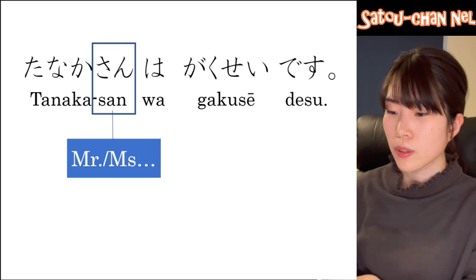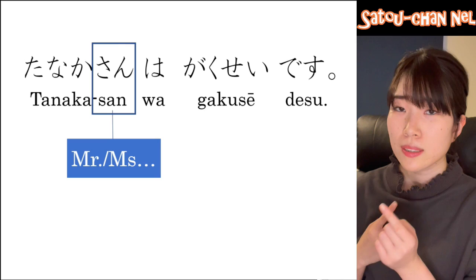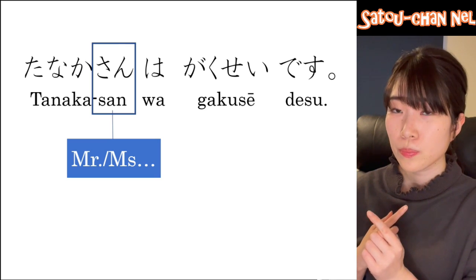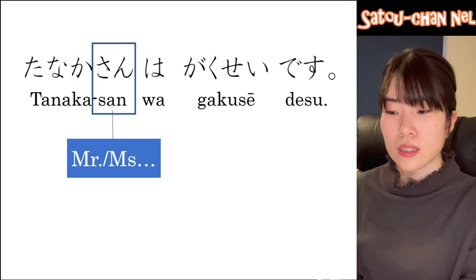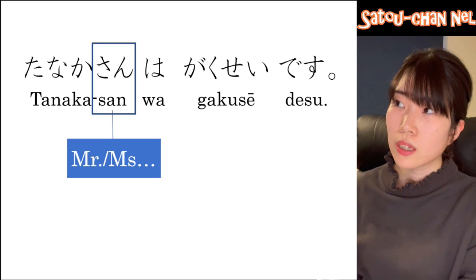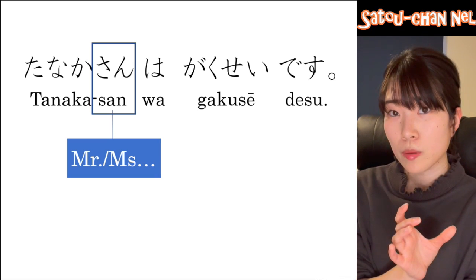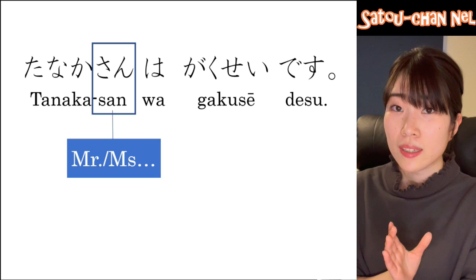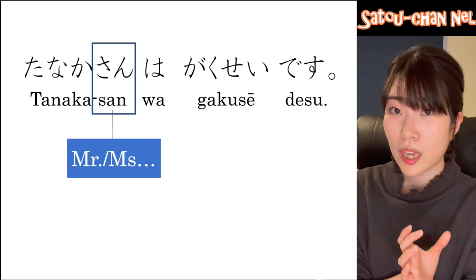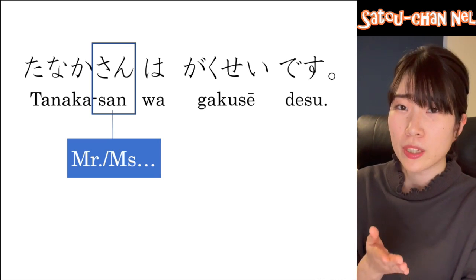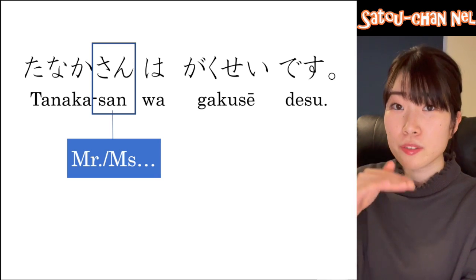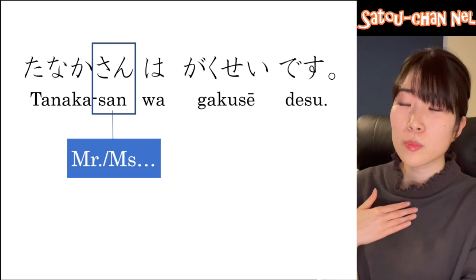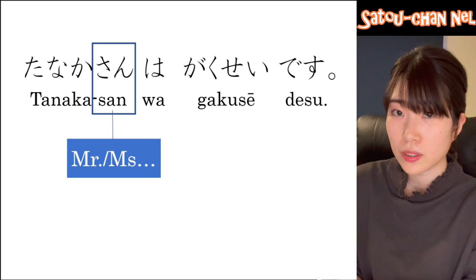So even between friends, this san can be used. San can be used after either last name or first name. Don't forget to add san after a person's name to avoid being rude. You can drop this san once you become a close friend to that person.